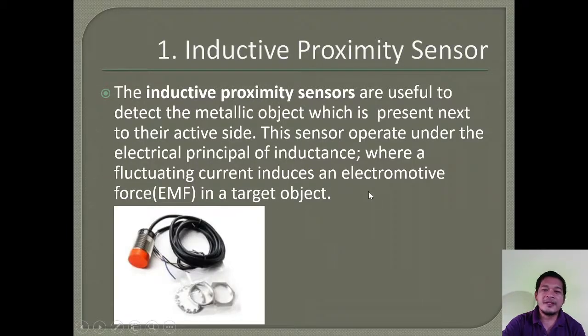So inductive proximity sensors are useful to detect metallic objects which are present next to their active side. This sensor operates under the electrical principle of inductance, where a fluctuating current induces an electromotive force or EMF in a target object.